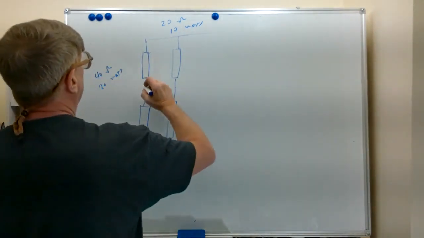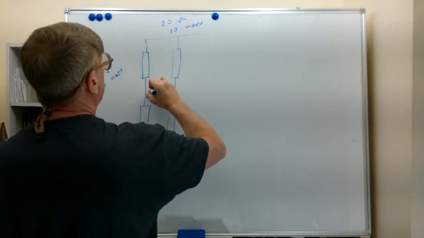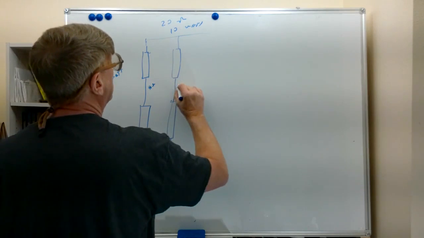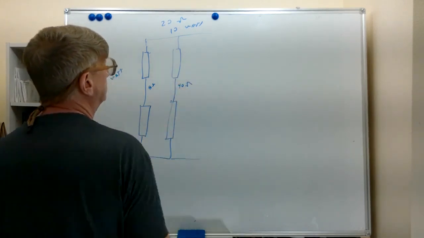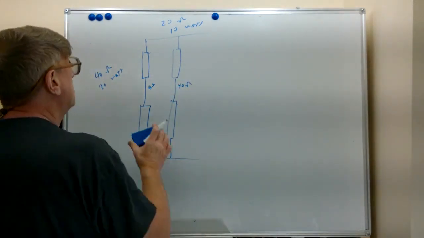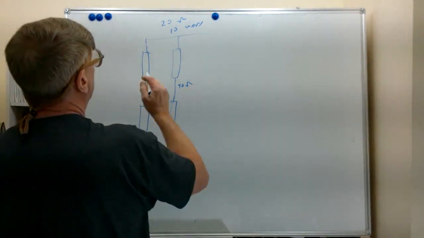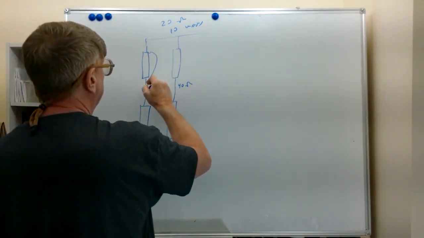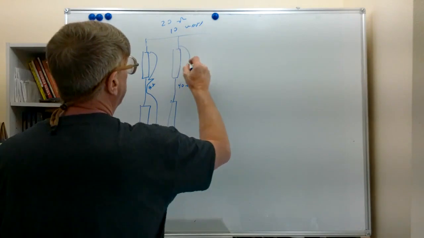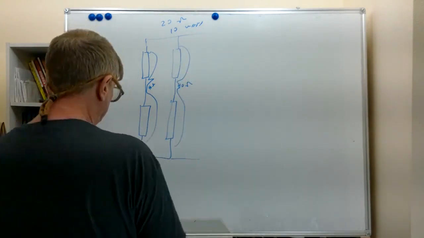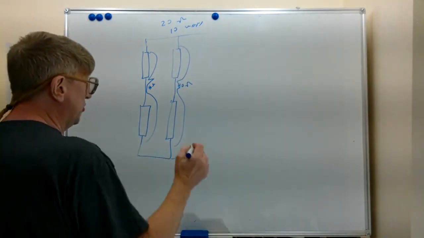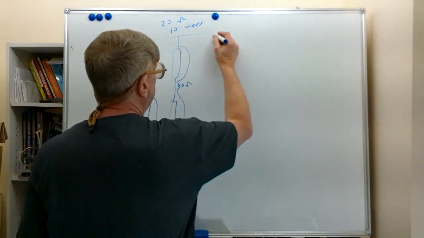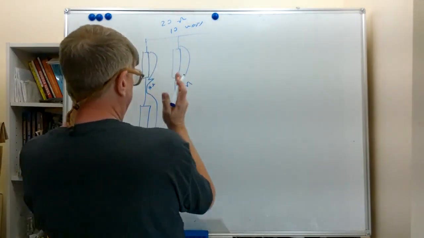So now we put what amounts to a 40 ohm in parallel with a 40 ohm. But they're equal values. 40 ohms represents this whole thing, by the way. And the same thing here. So it's like 2 40 ohm resistors in series. So from here to here, they split again.